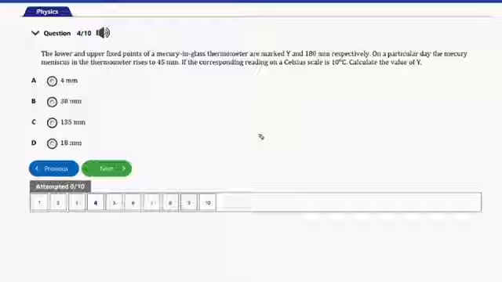Calculate the value of Y. So guys, let's go ahead and solve this out together. So since the lowest point here in this mercury in glass thermometer is Y and the highest fixed point is 180, and we have a range calculated here to be 45 mm.